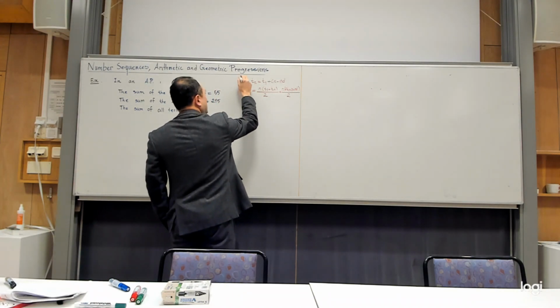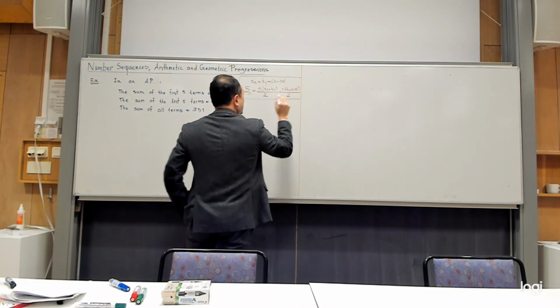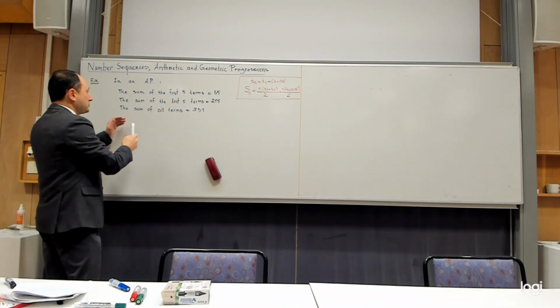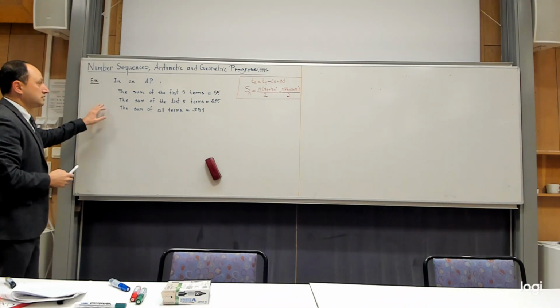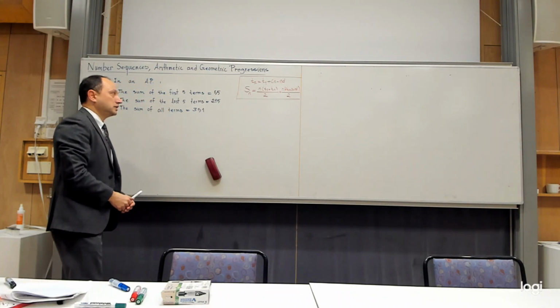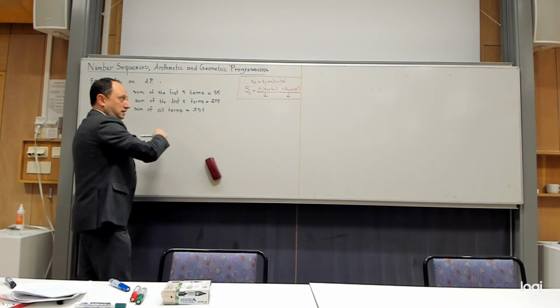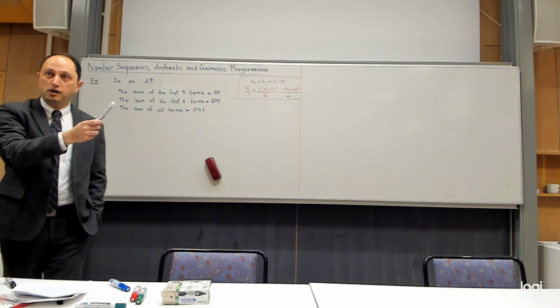So there are only 2 formulas in arithmetic progression that we want to use. But of course, you need to understand. So I'm just giving you an example because I want you to understand that sometimes just using the formulas is not enough. Okay, so be careful. S sub n means the sum of the first n terms, starting from the first term up to the nth term.